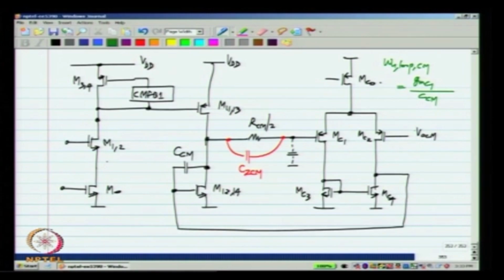Okay. And the DC loop gain of such a loop is quite high. So, we can expect that the common mode here will settle to something that is equal to VOCM.